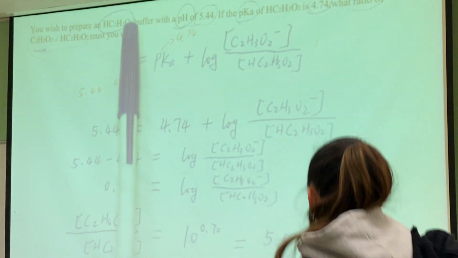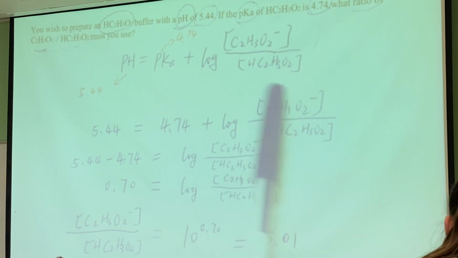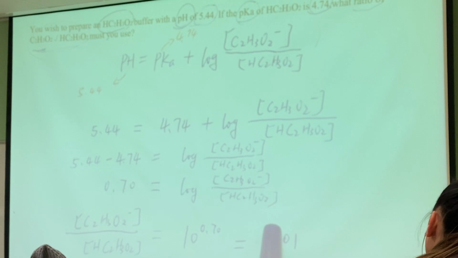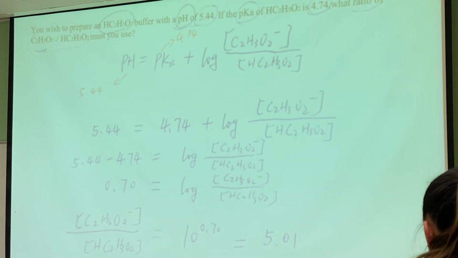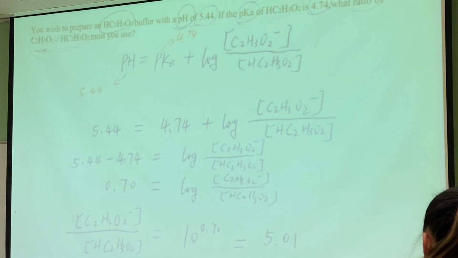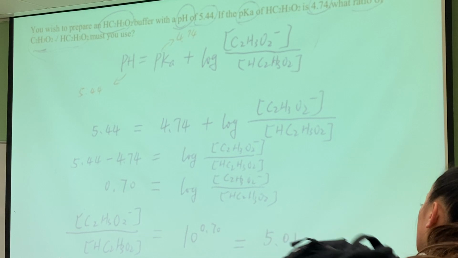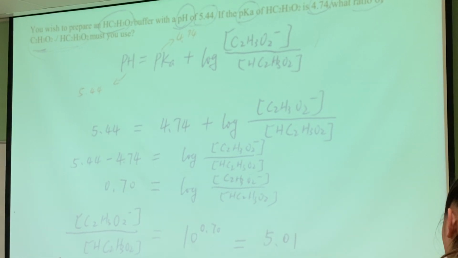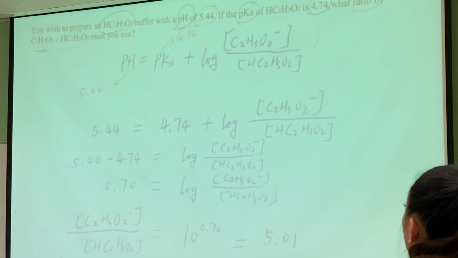You're given pH and you're given pKa, and it asks you the ratio of the concentrations, right? You just do a conversion of the Henderson-Hasselbalch equation. Actually, we use this type of problem a lot in a lab, because you know what buffer you want. Okay, I want to prepare a buffer with pH like 5. So first see which acid should I pick, which conjugate base should I pick.